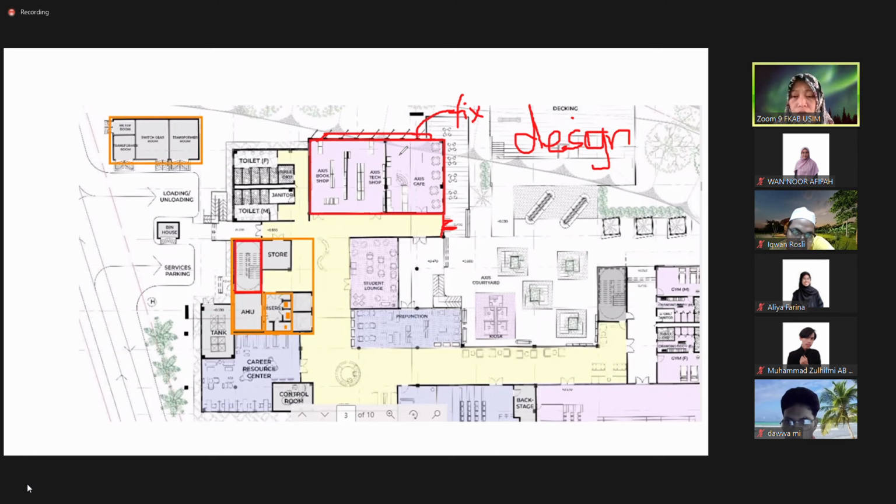You covered everything, no opening at all. You still can have fixed glass because you need the natural sunlight from outside. If not, the building is very gloomy, very dark. Kat situ lah kena fikir, think about the design stage.